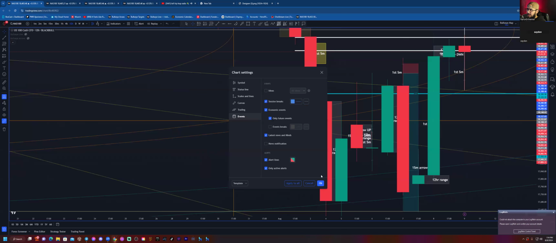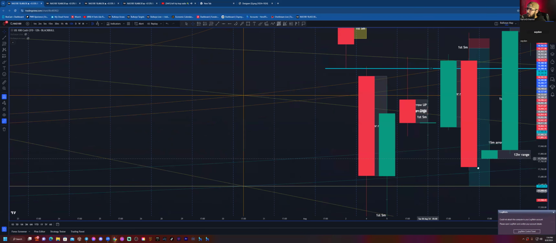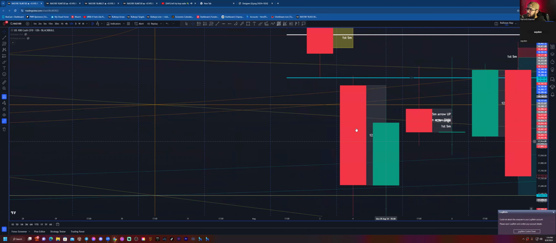Come to session breaks. We want to mark up the first 12-hour candle of the session, which is going to be this bearish candle right here. We don't want to do the high and the low. We want to do the body, the open and the close. I call that the 12-hour range.